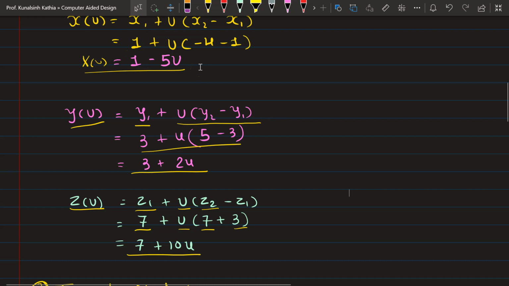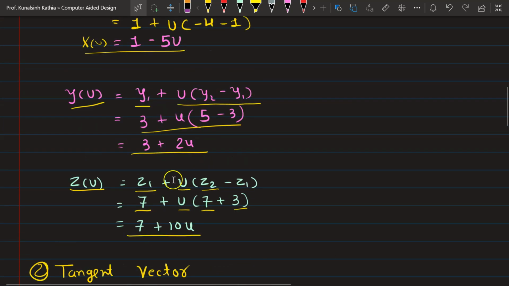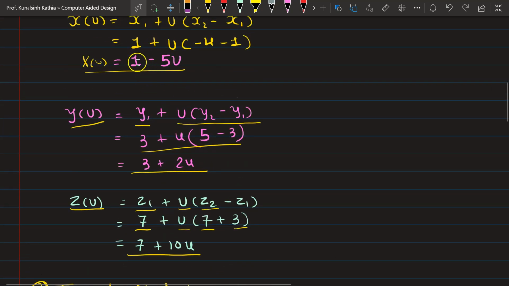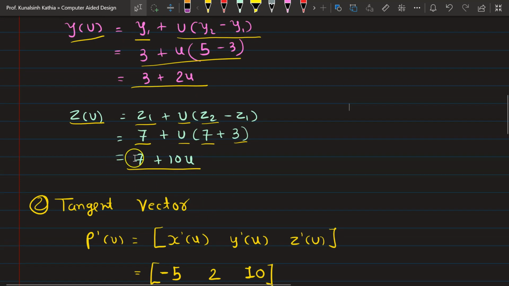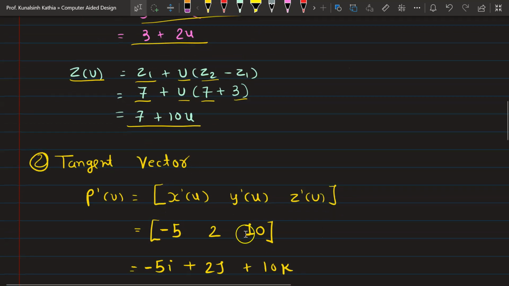If I differentiate 1 minus 5u with respect to u, the 1 becomes 0 because it does not have a u, and this becomes minus 5. Similarly, for y the constant becomes 0 and this becomes 2. Here also the constant will be 0 and this will become 10, because differentiating with respect to u gives 10.